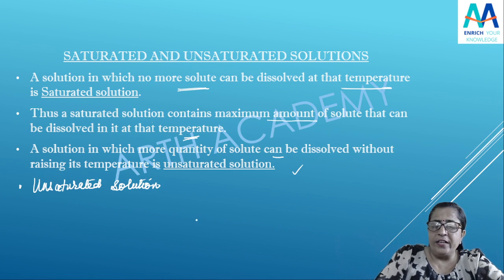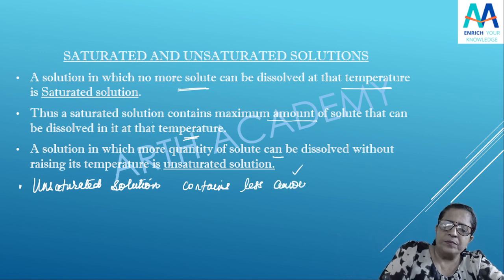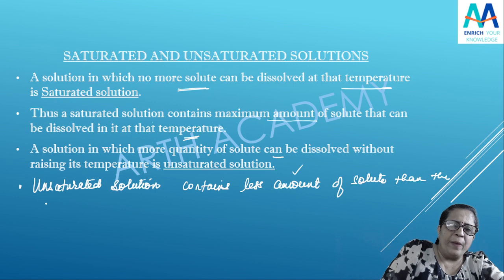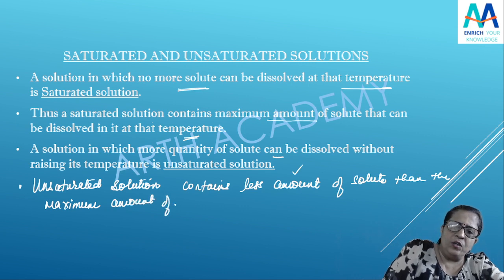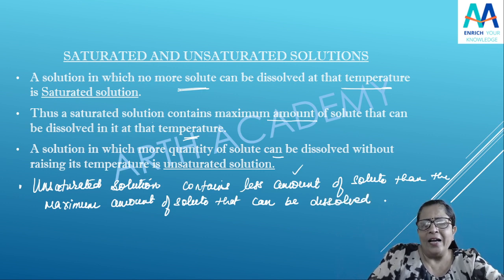So an unsaturated solution contains less amount of solute than the maximum amount of solute that can be dissolved, meaning it has less than what it can dissolve at that temperature.